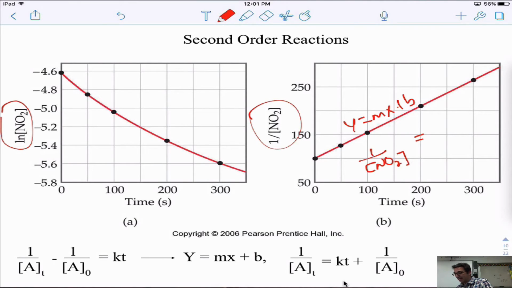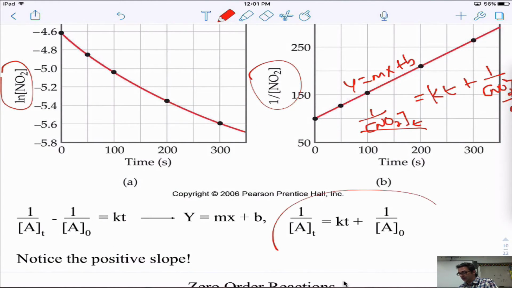Equals, now the k is positive k times time plus the 1 over NO2 in this case, at time 0. This is at time t. And you can see that here, I have that written here in my y equals mx plus b format.